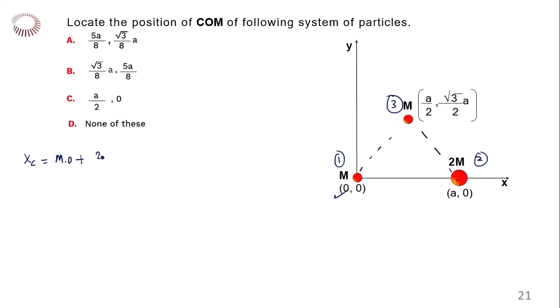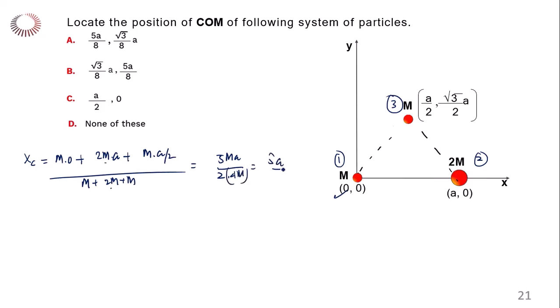Second particle 2m into a. Third particle m into a by 2. Divided by total mass. Total mass is m plus 2m plus m. Okay. So ultimately 2ma plus ma by 2 means 5ma by 2, divided by 4m. So ultimately I am getting 5a by 8. So 5a by 8 is the x coordinate.